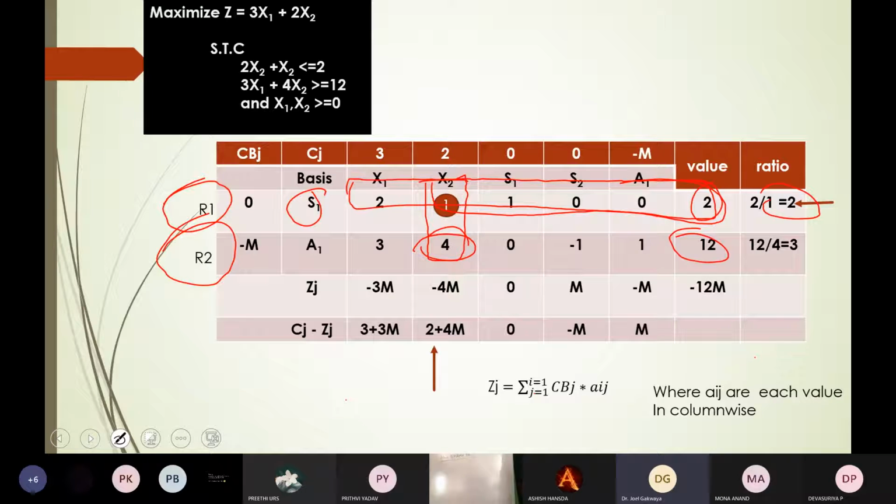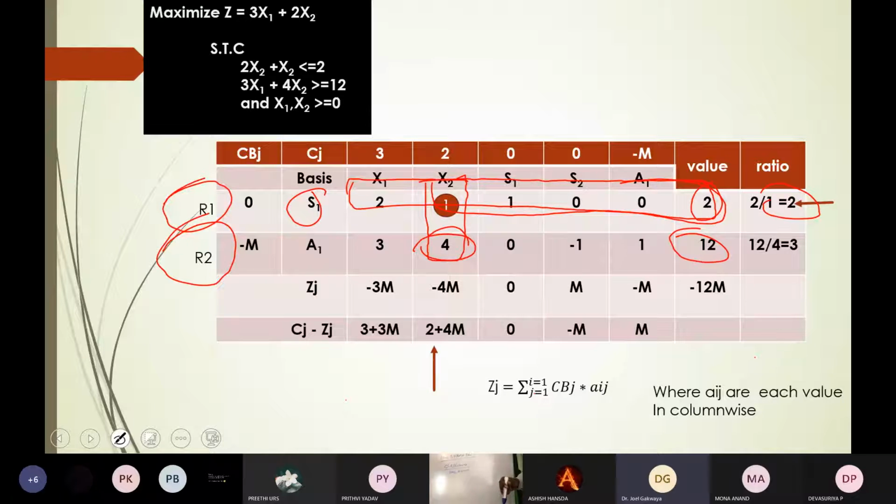The only difference is finding the key column by using the highest penalty. This will be equal to the old element divided by the key element.